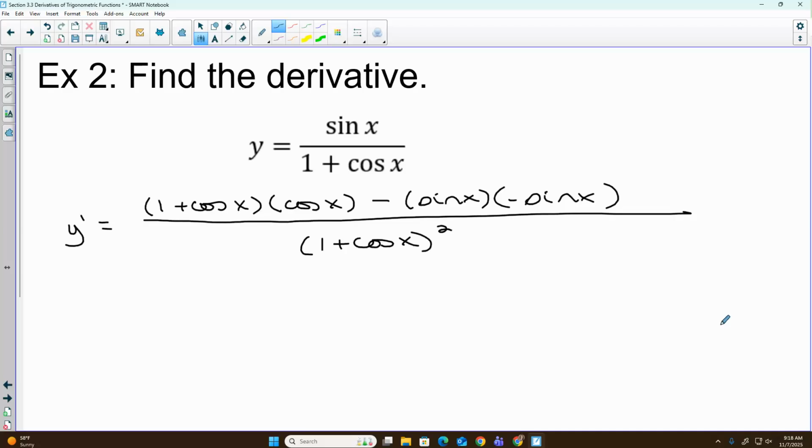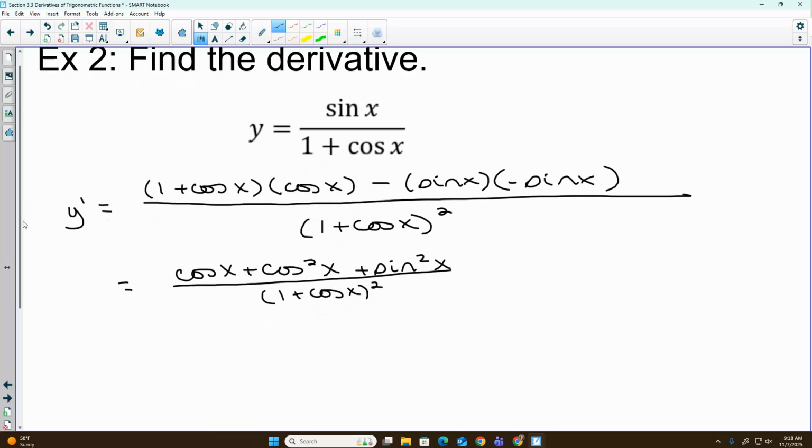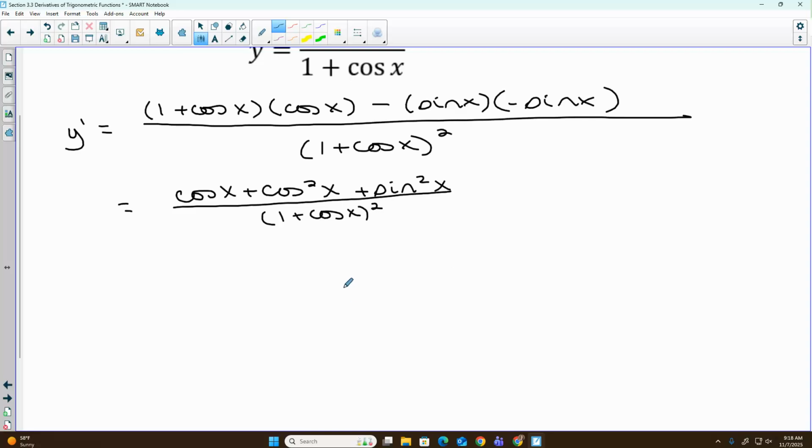Thoughts? What do you think we need to do here? Distribute it. So we get cosine x plus cosine squared x minus a negative, so plus sine squared x, over 1 plus cosine x squared. Should be starting to feel a little bit like a trig identity at this point.